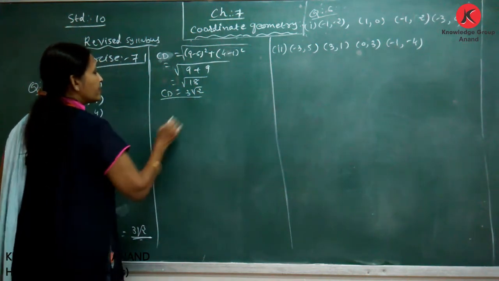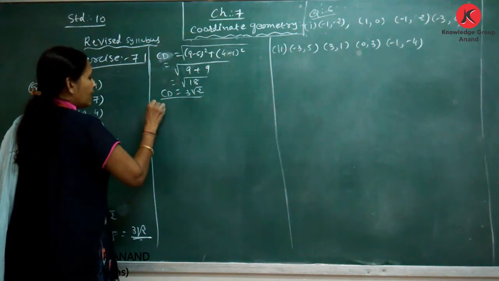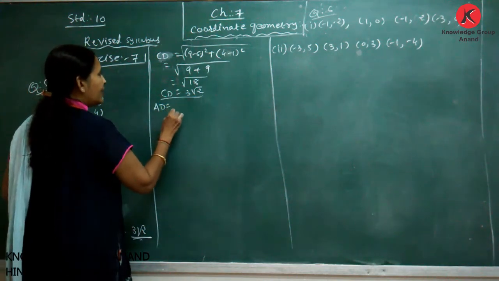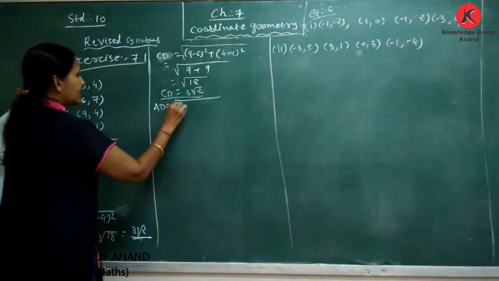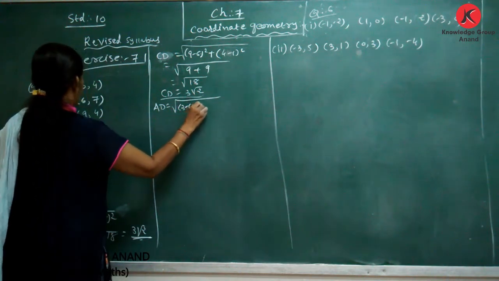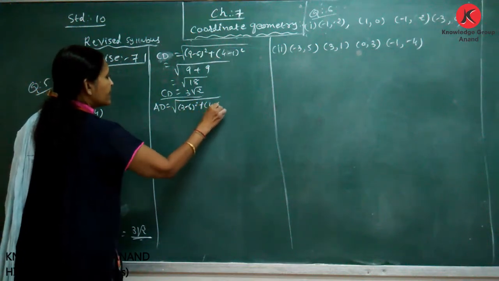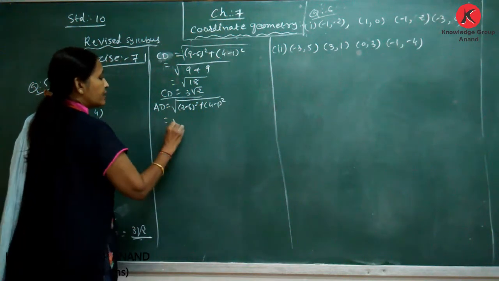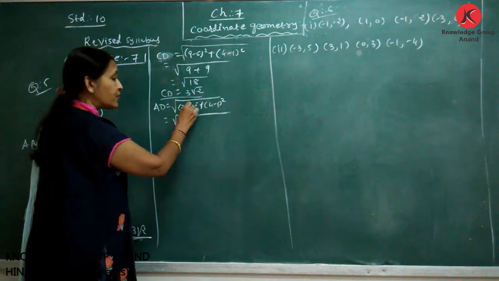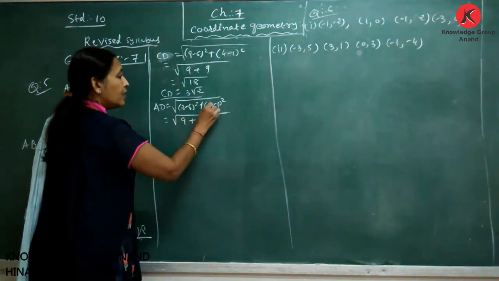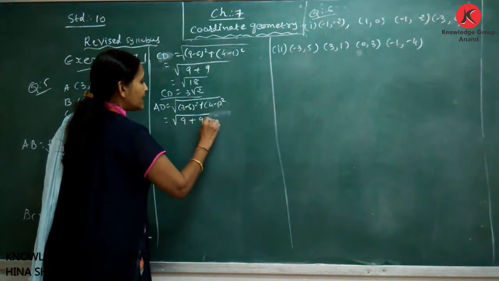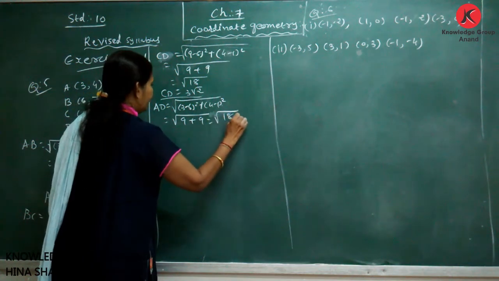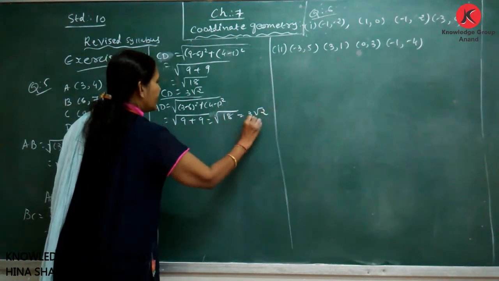CD is also 3 root 2. Now find AD: (3 minus 6) square plus (4 minus 1) square, equals minus 3 square 9, 3 square 9, 9 plus 9 equals 18, equals 3 root 2.